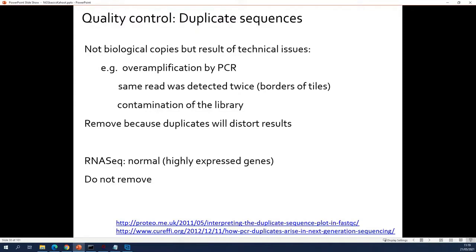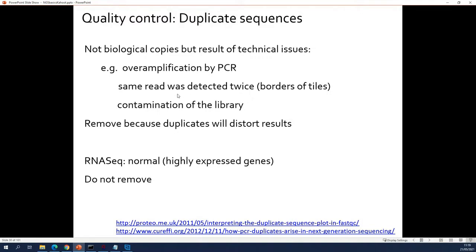So if you see exactly the same reads in your FASTQ file, it typically points to these problems. You started from a small library and you had to do a lot of PCR to get enough copies to detect the signals. So a lot of PCR steps will generate PCR duplicates, duplicate reads in your FASTQ file.